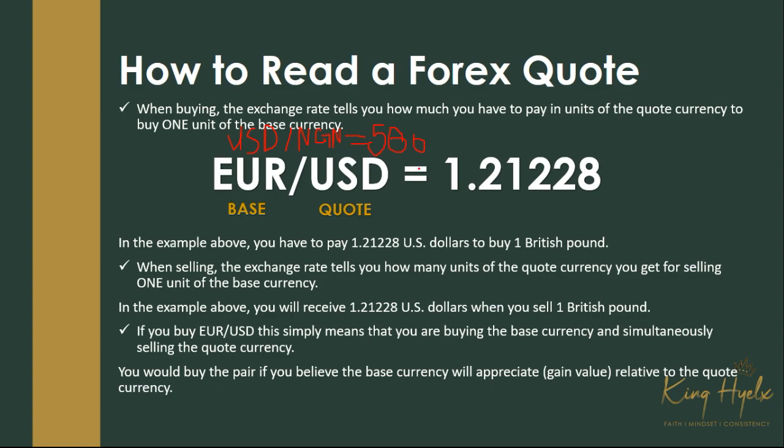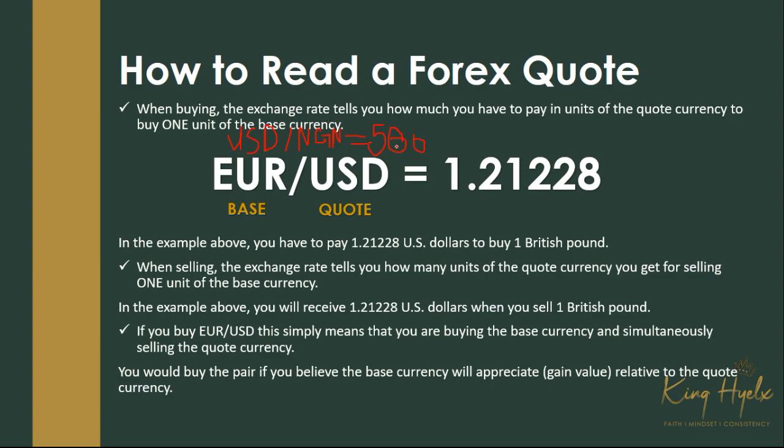This means that you have to pay 500 of the quote currency to buy 1 USD. Remember, this is always 1. So let me not confuse you when you come and say USD here. The base currency is always 1. And then when you want to buy Naira, that means 1 USD will give you what? 500 of the quote currency.